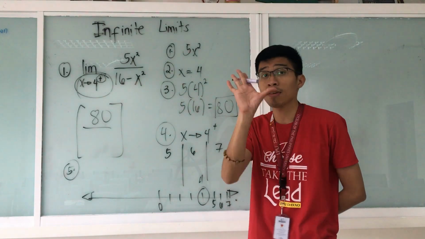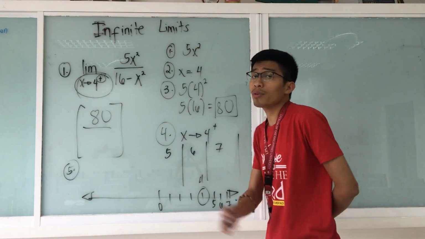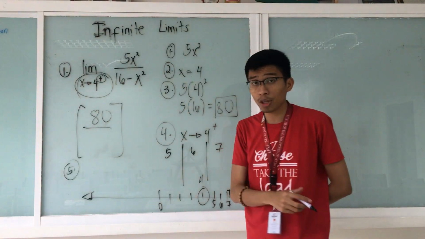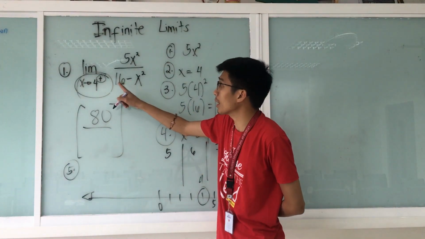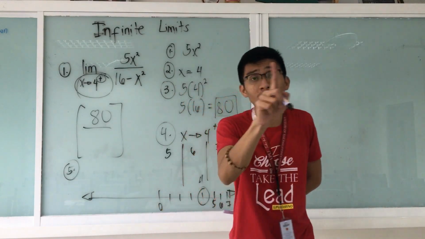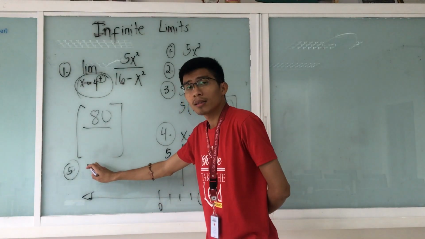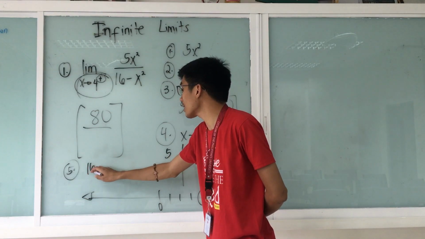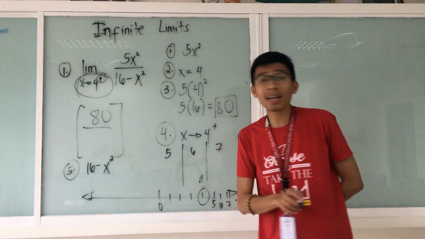What is step number 5? For step number 5, you have to get your denominator. My denominator is 16 minus x squared.